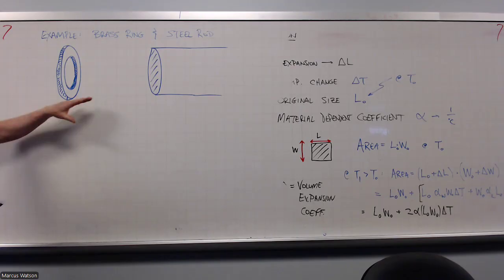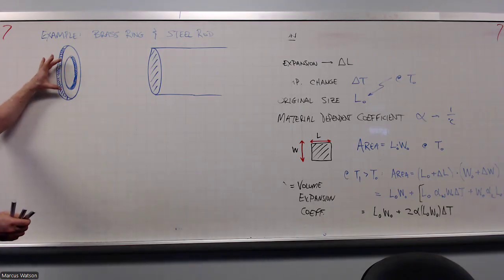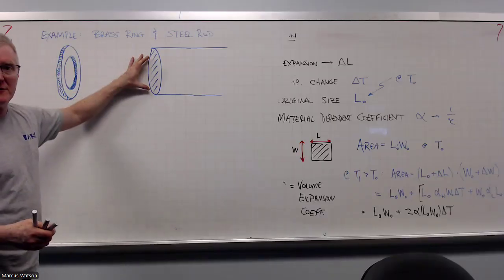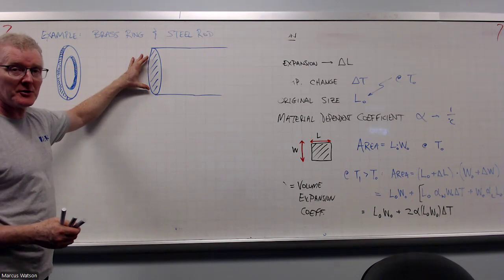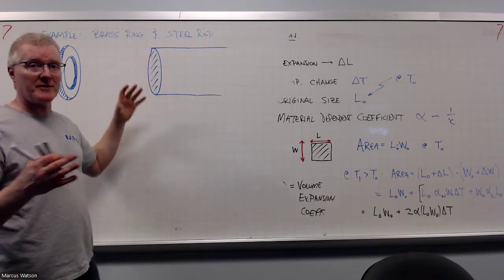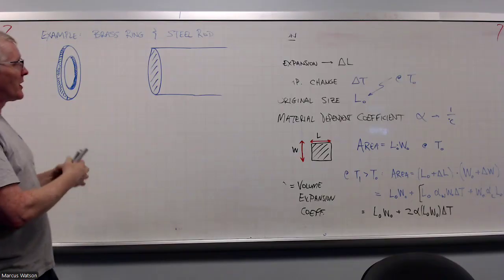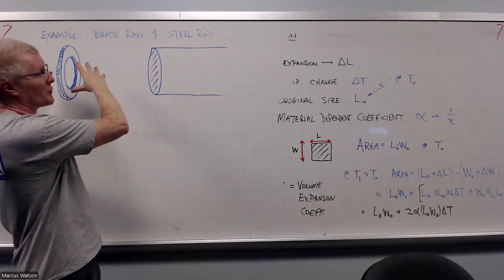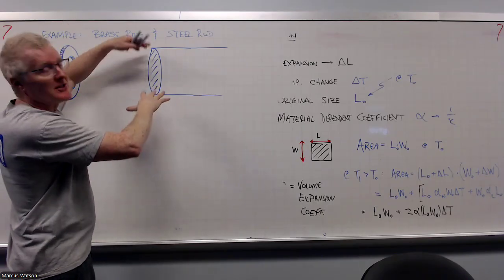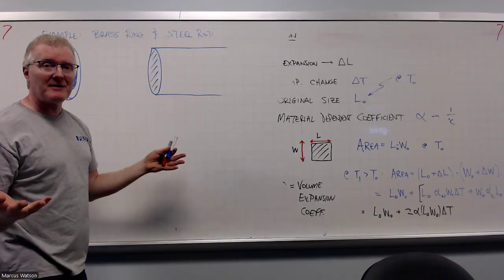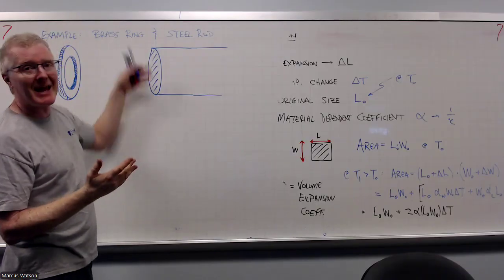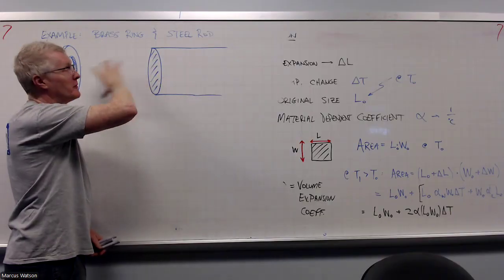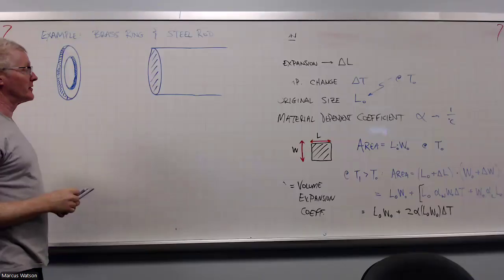Hopefully the way I've drawn it, you can see that the hole here is not quite large enough to fit over the steel rod. So what I'm going to try and do now, this is the T-naught situation, is heat them both up such that the ring expands and the steel rod expands, but they do expand at different rates. I want to heat them up such that the diameters are equal, and at that point, the ring will slip over and fit snugly on top of the steel rod.